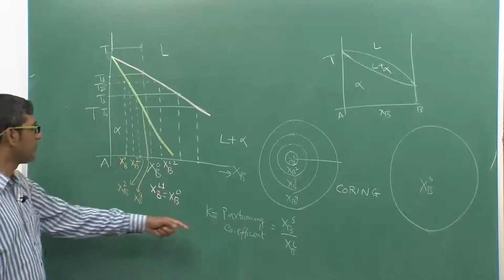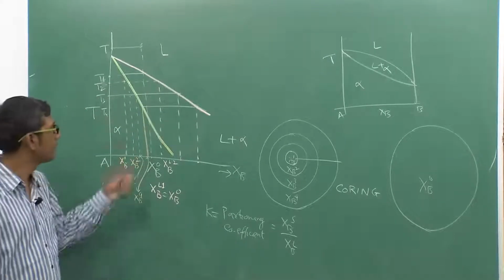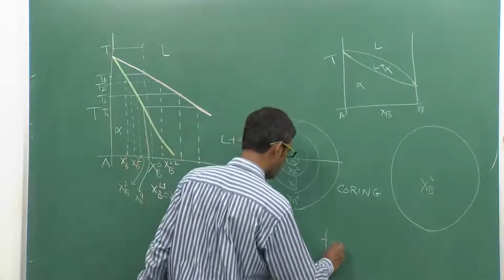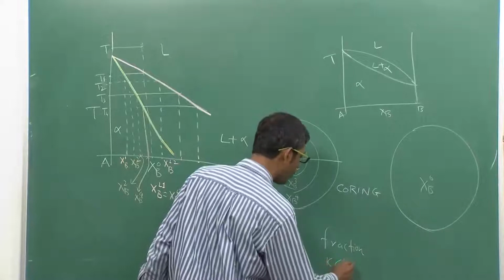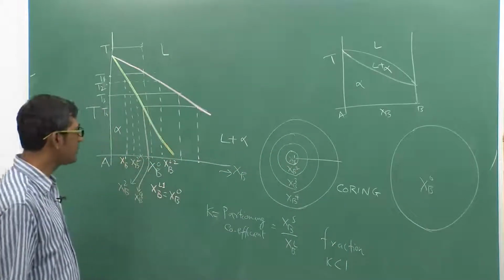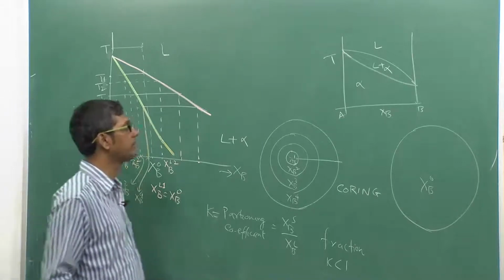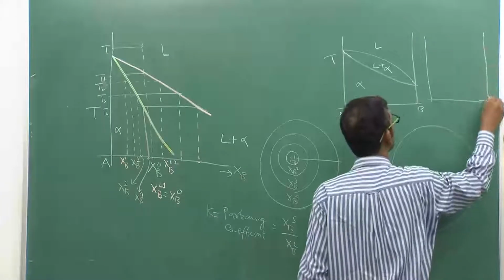And because the liquid composition is always higher than the solid in such a kind of phase diagram, where it is going down, this is a fraction. So because of that, K normally is less than 1. If you see a phase diagram the other way, that is, the phase diagram is like that, then K can be more than 1 also.